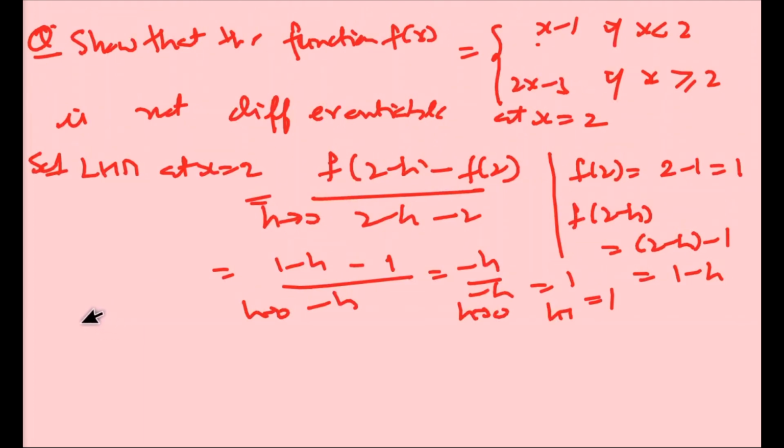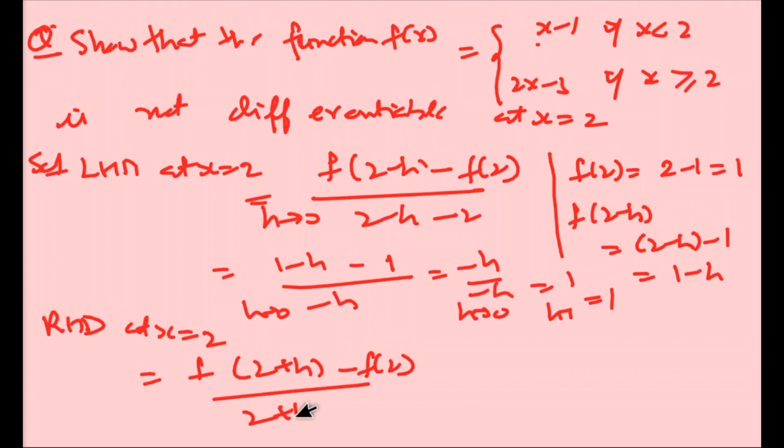Now for RHD at x equal to 2, that is (f(2 plus h) minus f(2)) upon (2 plus h minus 2).